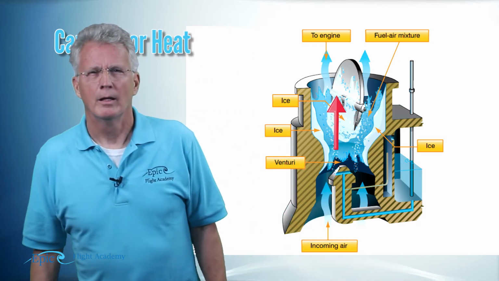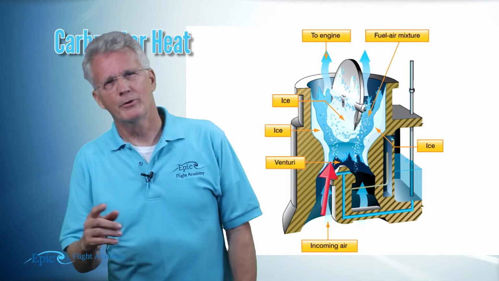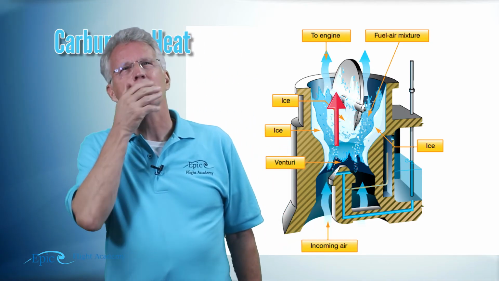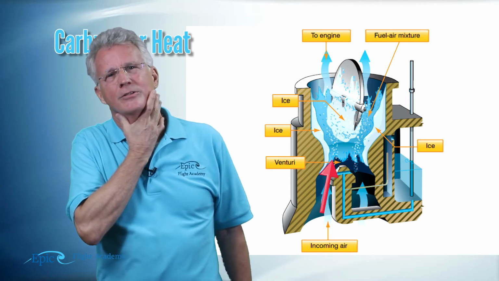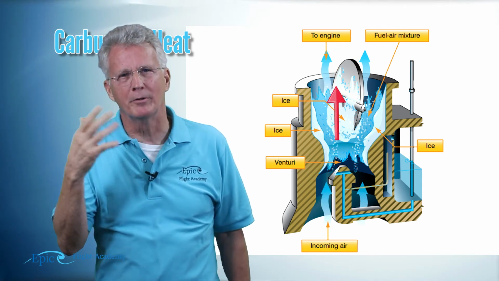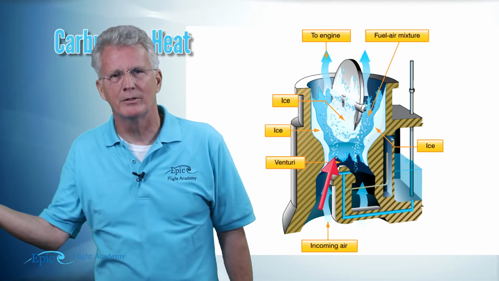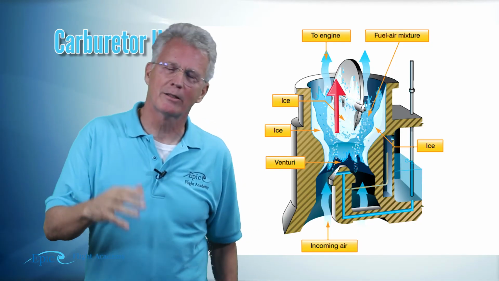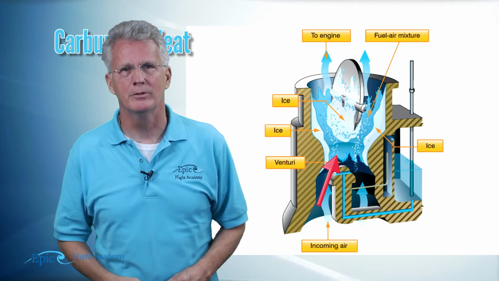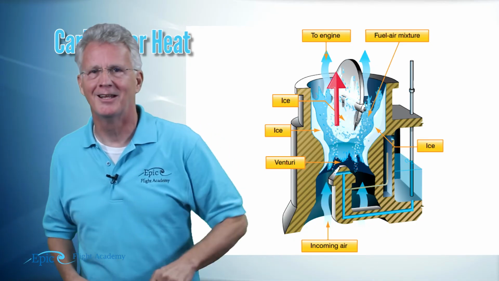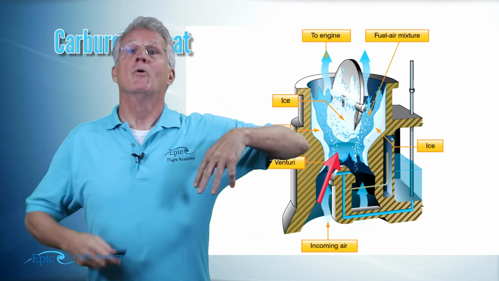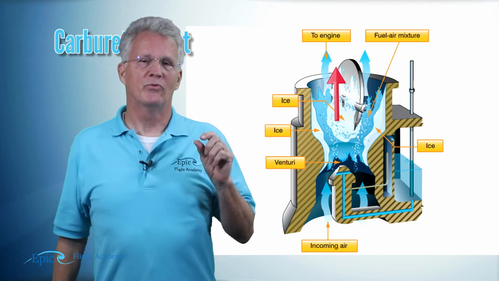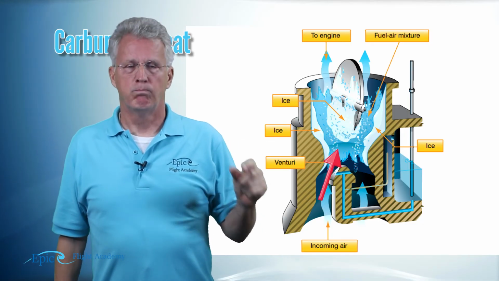Well, if you're following along and you're thinking to yourself, that melted ice means there's water going into my cylinders. Isn't that going to disrupt my engine operation? That's good thinking, and the answer is yes. Fortunately, it'll be very, very brief.